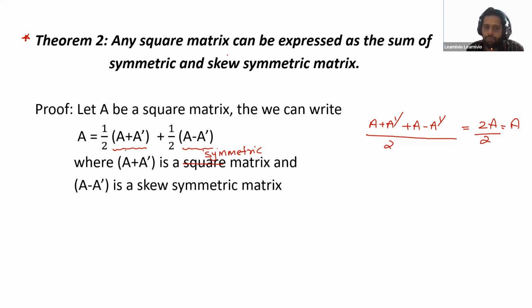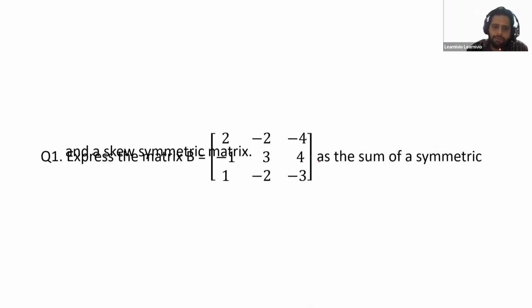So we need this result. Why have we taken 1 by 2? Because when we add these two, we get 2A. So we must divide this by 2 so that we get A. Is this clear? We have taken 2 so that it will divide by 2. Okay. Then we will start a question on the basis of this.